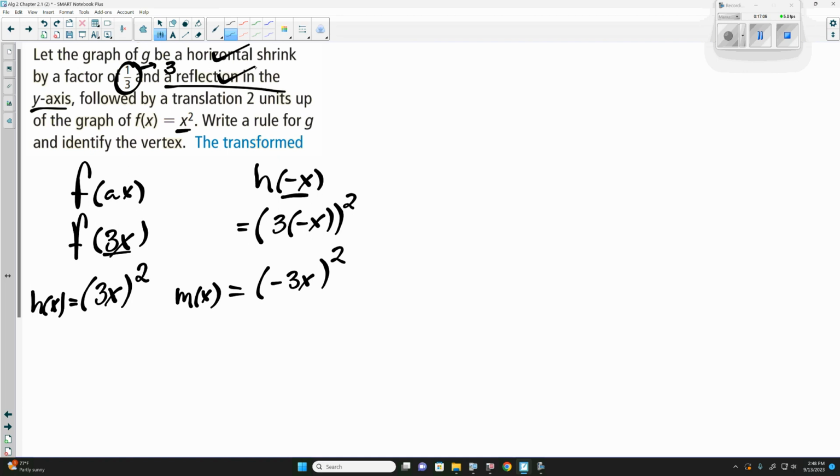Questions on horizontal shrink of 1/3 or the reflection in the y-axis? We feel okay with this here? Yes? Now the last thing is a translation 2 units up. So if we went by the definition, we would say m of x plus k. Now the k value in this case is going to be 2, and it'll be positive because we're going up.